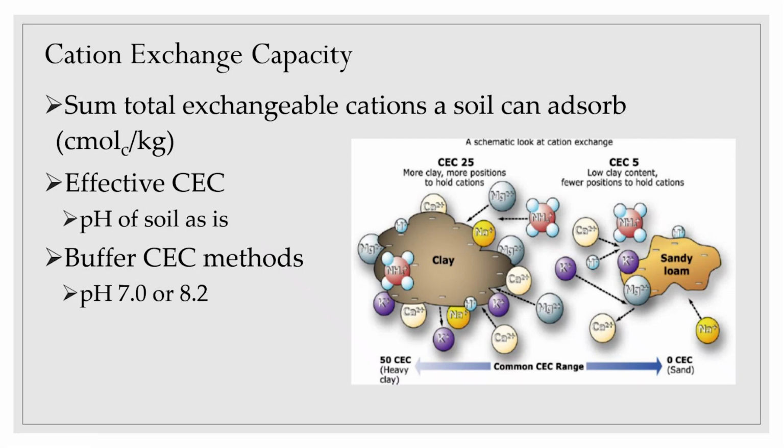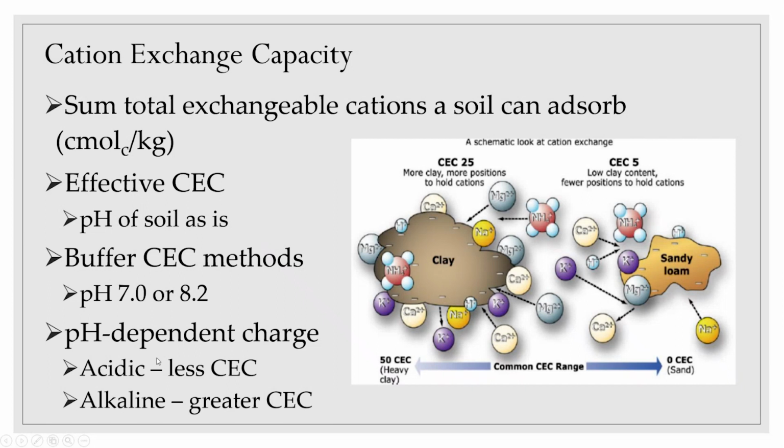And so remember that as soil pH increases, what happens to the cation exchange capacity? It will also increase. So they will raise this to either a pH 7 or a pH 8.2 so that we influence those functional groups of organic matter.